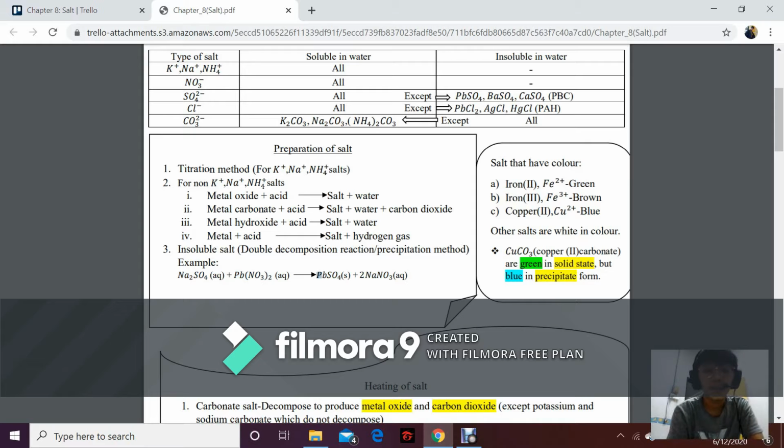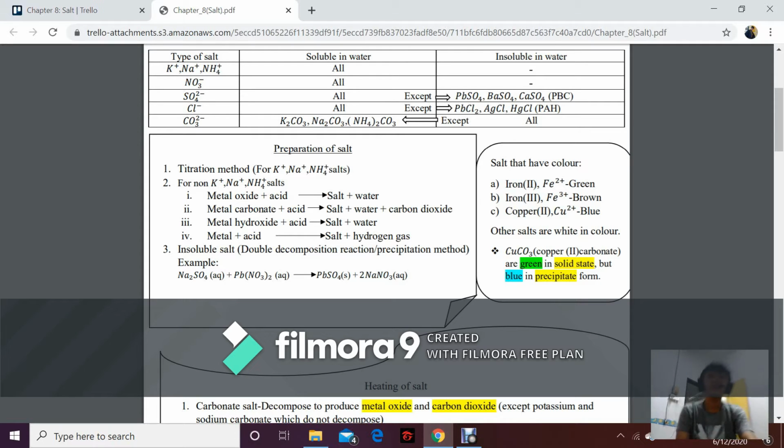For example, PbSO4. Remember the PBC. So PBC, P for lead. So if you see sulfate, lead sulfate, you will get the insoluble salt. So PbSO4 is definitely an insoluble salt. Then NaNO3. NaNO3 is a soluble salt because you see NO3. This is the tip for you to analyze the salt, which is soluble and insoluble.